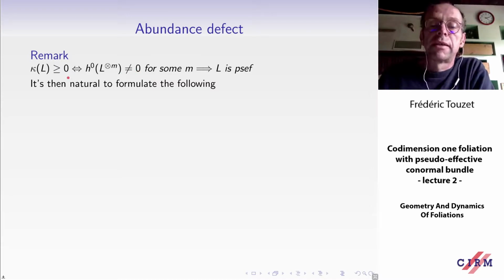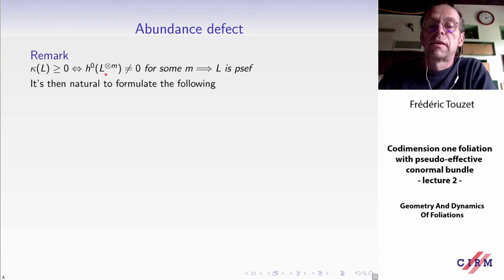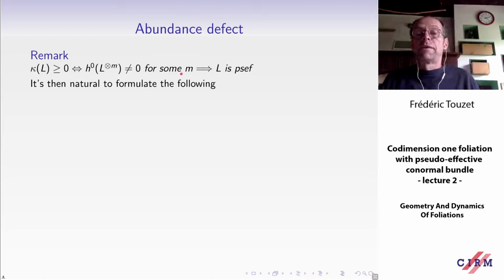Firstly, by remarking that if the Kodaira dimension of a line bundle is non-negative, by definition it implies that there exists a positive power m such that the space of sections is not trivial. So for m positive, of course, this implies that L to the power m is pseudo-effective because it has sections, and so L is also pseudo-effective.